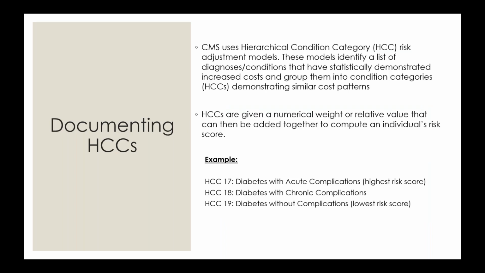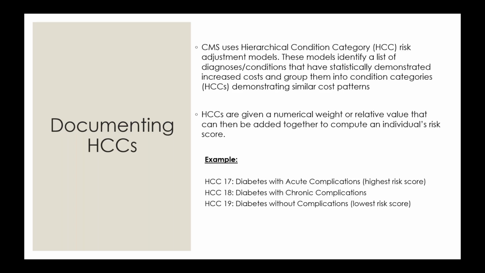And so again, with the documentation, CMS uses those HCC risk adjustment models. And you want to make sure that you identify a list of the diagnoses and conditions that have statistically demonstrated increased cost and group them into those HCC categories. So when I refer to the categories, it's broken down.